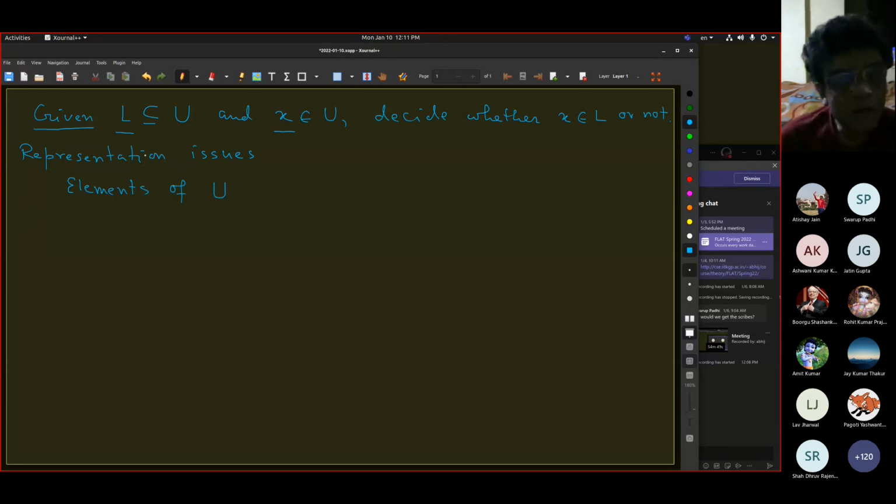In fact, throughout the rest of this course, we will see several representation techniques, so it's not that important to know it fully today. Let us first take elements of U. First, I will make the practical assumption that each element has a finite representation.